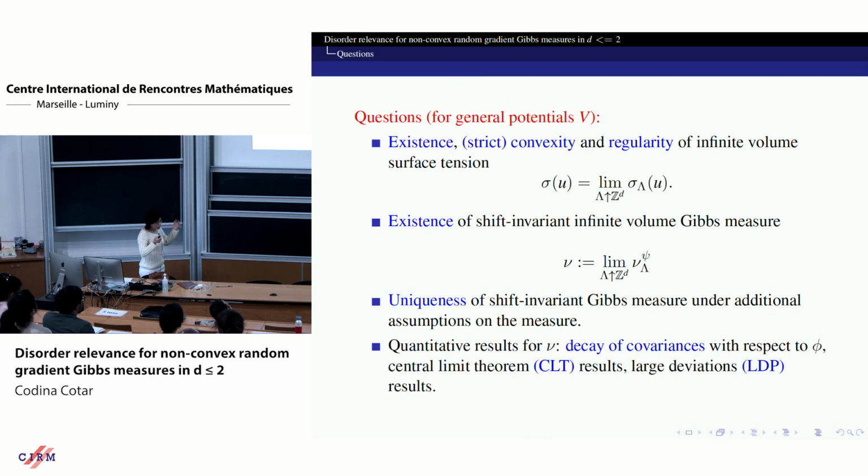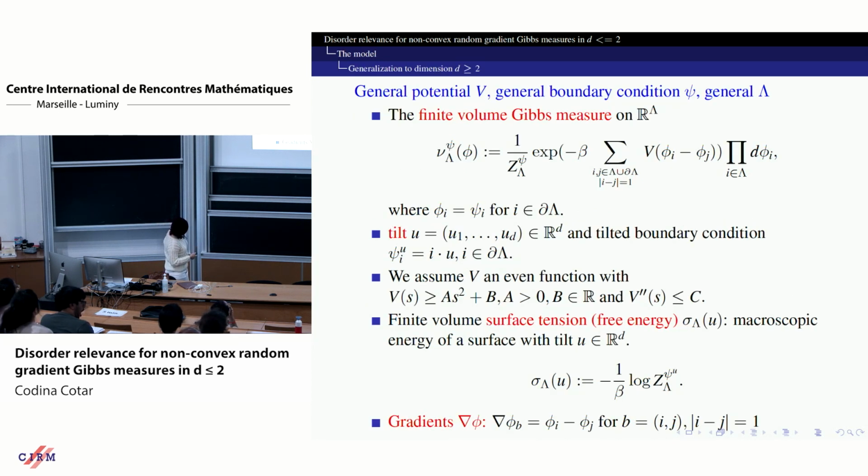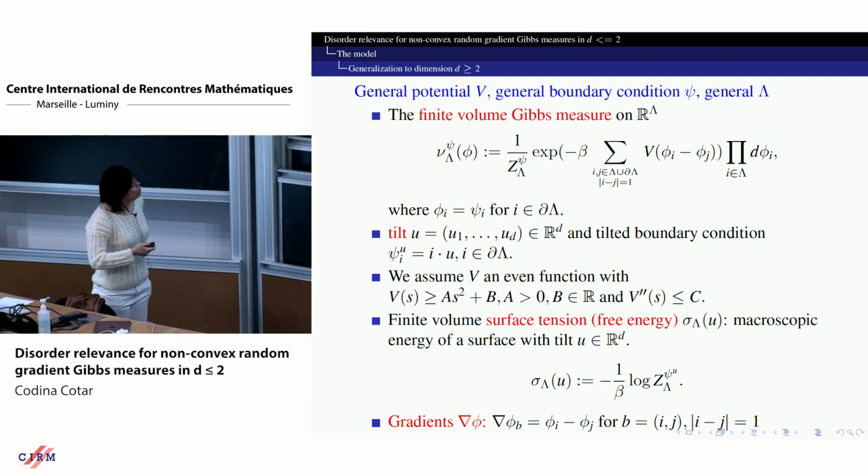Okay, so what kind of questions do we have? The first question is, if I look at this finite volume surface tension and take the volume to infinity, if I push the volume to cover everything, will the limit exist?